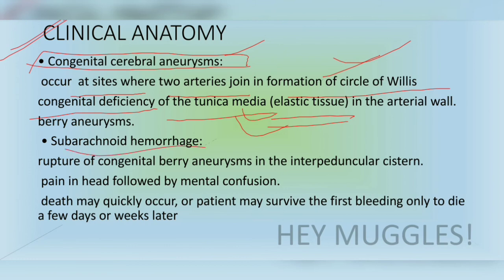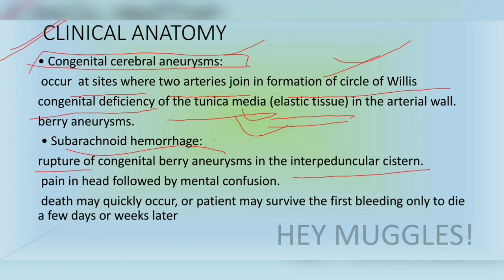Then we have subarachnoid hemorrhage. What happens is that sometimes the berry shaped cerebral aneurysm ruptures in the interpeduncular cistern, right? And it leads to bleeding and severe pain in the head, followed by mental confusion, right?